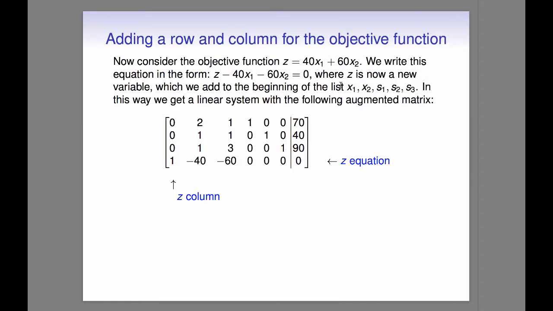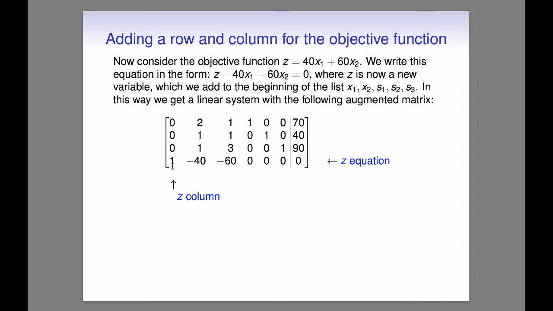And then we introduce a new row corresponding to the objective function. Now, in our basic example, the objective function was 40x1 plus 60x2, and the idea is we rewrite that as z minus 40x1 minus 60x2 equals 0, and that corresponds to this new row in this matrix formulation.